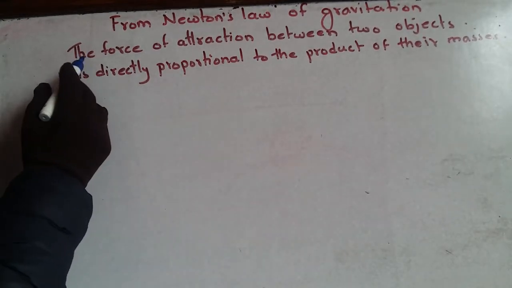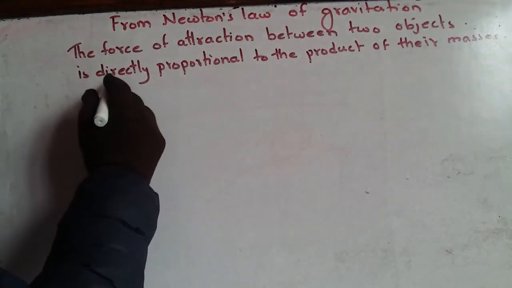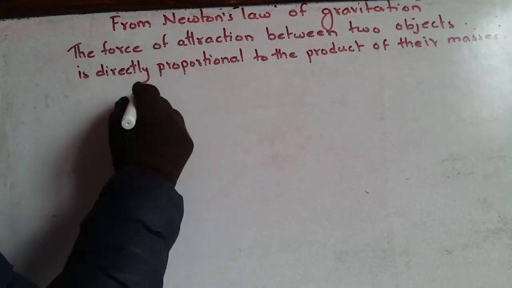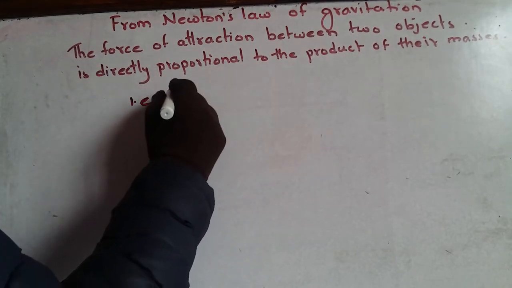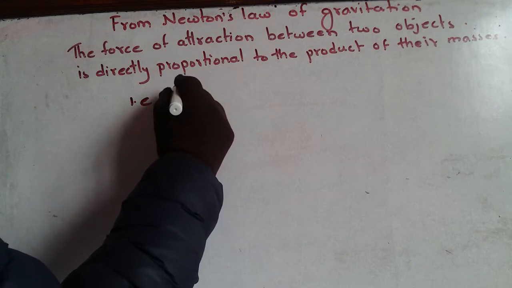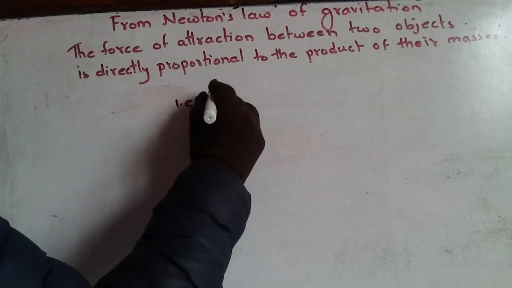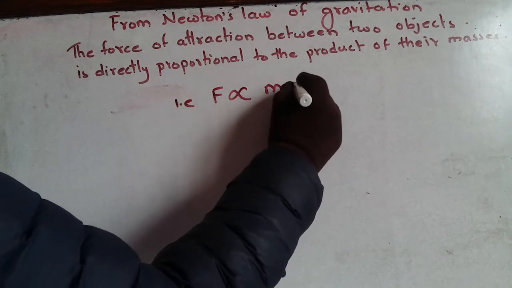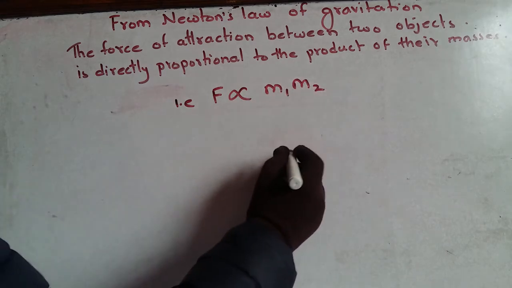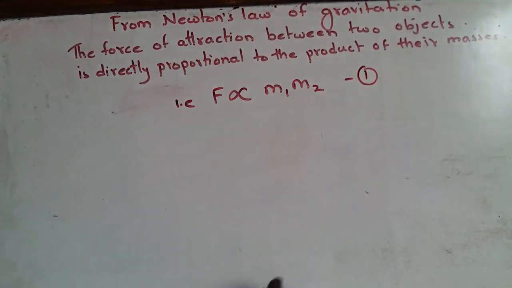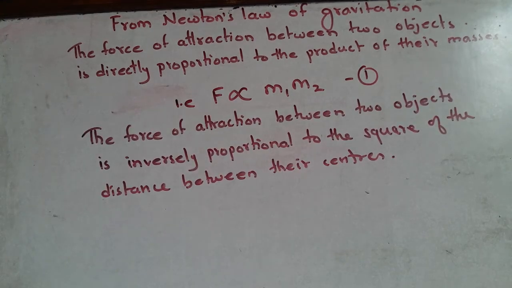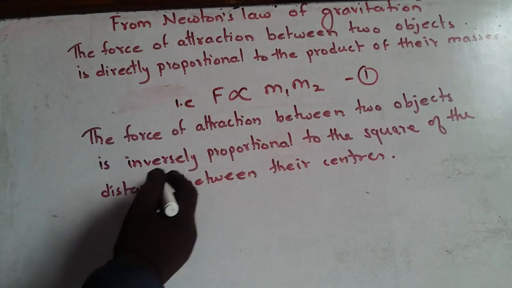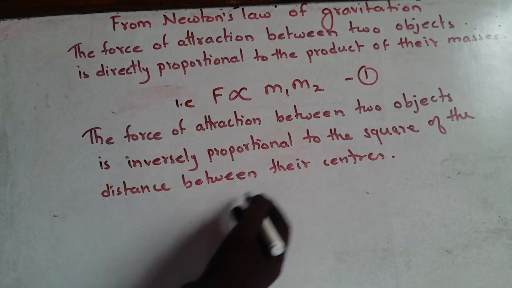The first part is the force of attraction between two objects is directly proportional to the product of their masses. In mathematical form it can be written as: force of attraction is directly proportional to the product of the two masses, that is m1 times m2. We get equation 1 from here. And the next part says the force of attraction between two objects is inversely proportional to the square of the distance between their centers.